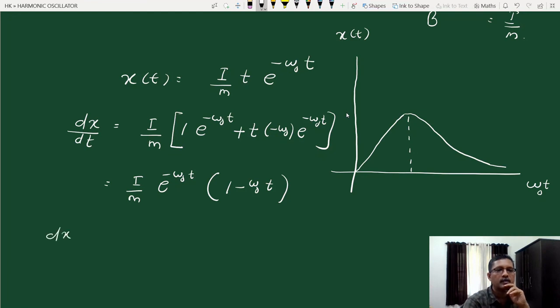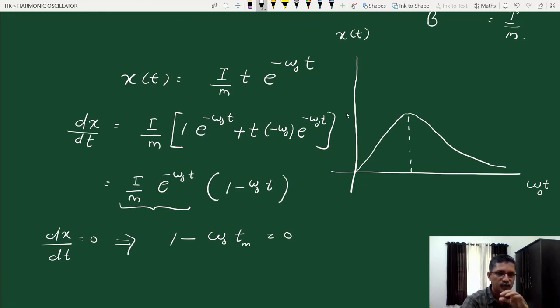Then you put at t equal to some tm, dx by dt equal to 0. At the time where the displacement becomes maximum, dx by dt equals 0, and I by m is non-zero, e raised to minus omega 0 t is also non-zero. So the only possibility is that 1 minus omega 0 t is equal to 0 when t is equal to some tm, or we can say omega 0 t has some suffix m.